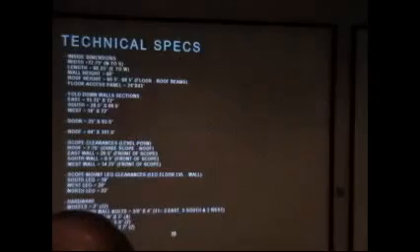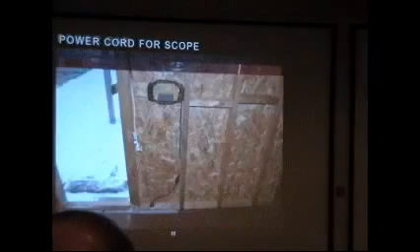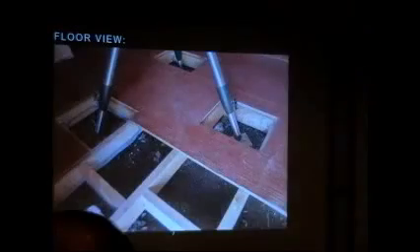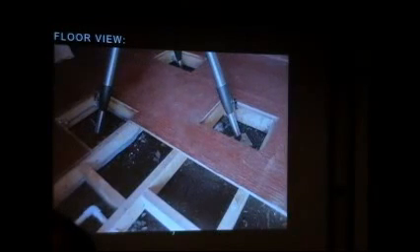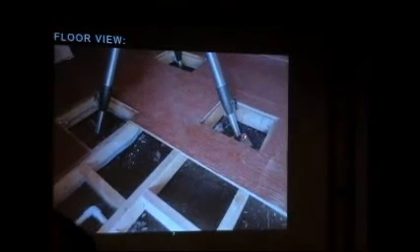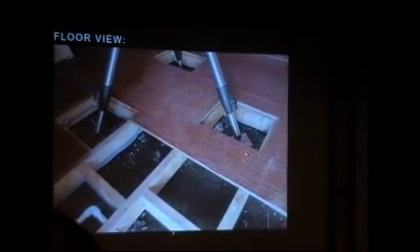What's your tripod sitting on? Is it right on the ground? No. I guess that one might show here. Okay, if you look carefully, there's a little 2x4 block there.